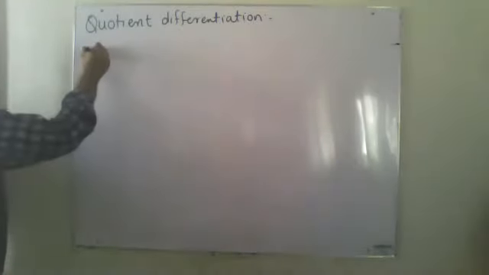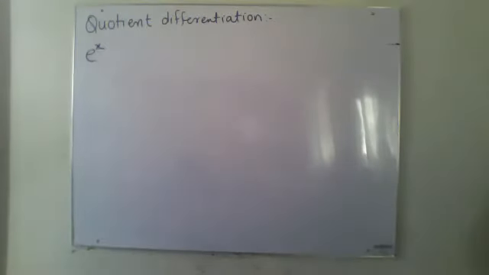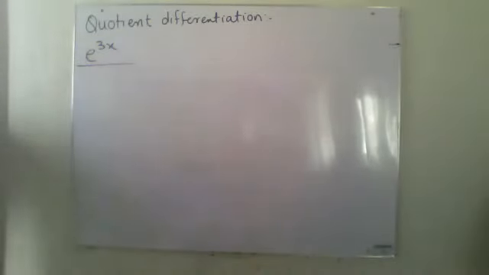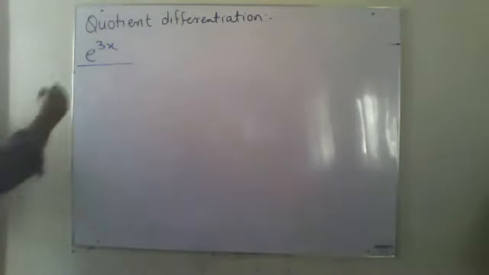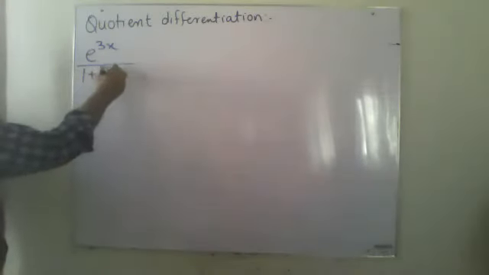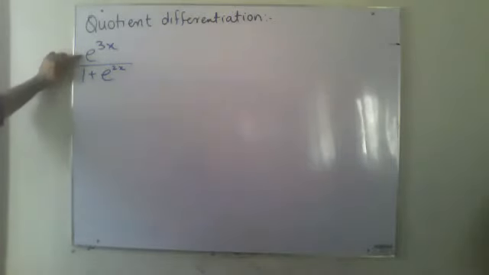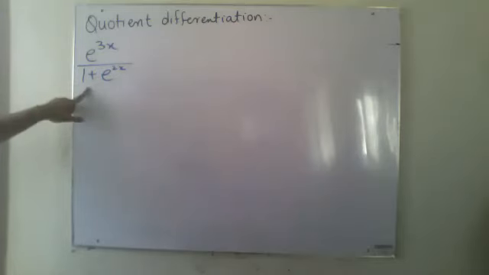Now we are going to do a question. e to the power x, e to the power 3x over 1 plus e to the power 2x. Okay, this is the question given to us. Now, in the numerator I have got a single term, but in the denominator I have got a double term.